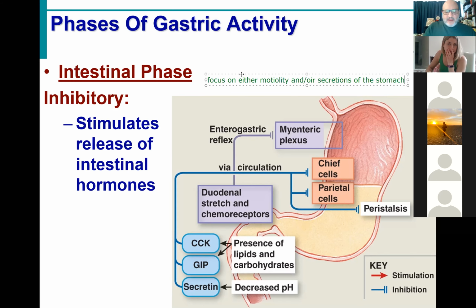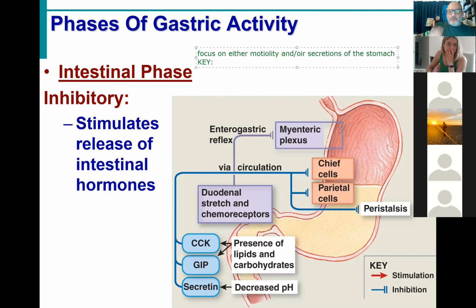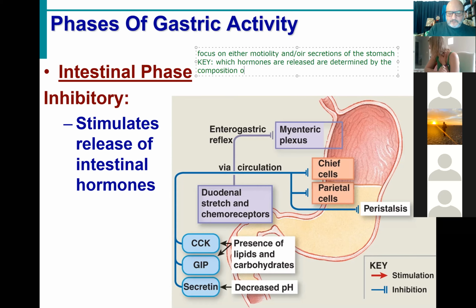The key to this particular part is which hormones are released are determined by the composition of the food. If the food is too acidic, we will want to release secretin, which stops the production of hydrochloric acid, and that would raise the acidity back up.